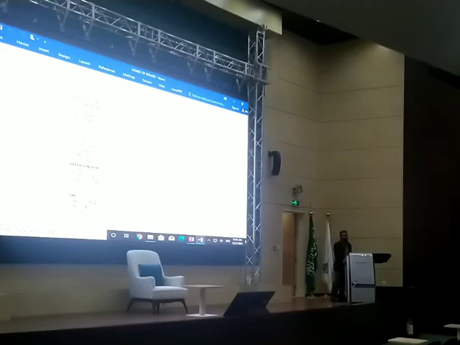Cefixime, Cefspan. Indications. What conditions can you give Cefixime for? Cefixime belongs to which class of drug? Third generation cephalosporin. Pneumonia, diarrhea, UTIs, enteric fevers, and it's a broad spectrum antibacterial.